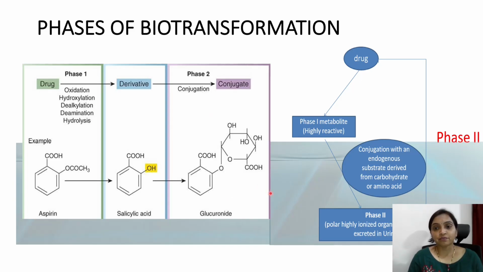As I mentioned earlier, after a drug is metabolized through phase 1, usually a highly reactive substance is produced, and this gets conjugated with an endogenous substrate obtained from carbohydrate or amino acid into a more polar ionized compound which can be easily excreted through the phase 2 reaction.